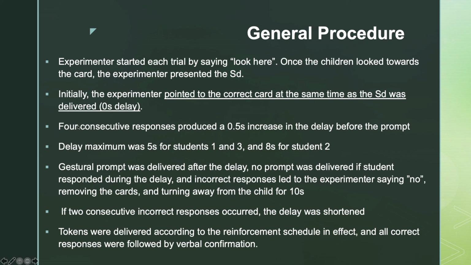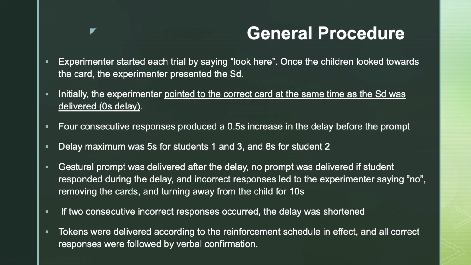So when there are 4 consecutive responses, so they're doing this across trials, 4 consecutive responses to the S plus produced a 0.5 second increase in the delay before the prompt. So now, after these 4 consecutive trials, the stimuli S plus and S minus are presented.